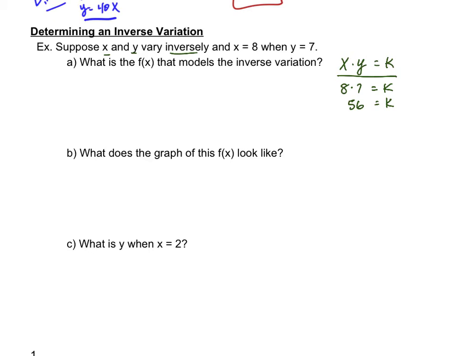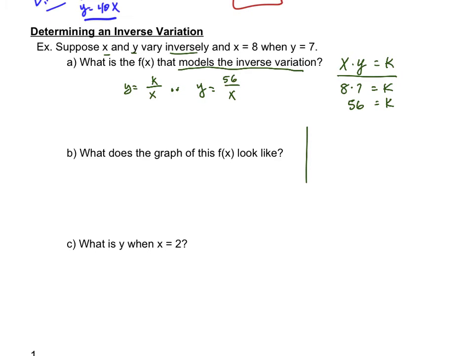So it says, what is the model here of inverse variation? Well, y equals k over x, or if we replace k, y equals 56 over x. There's our model. And it says, what does the graph of this look like?